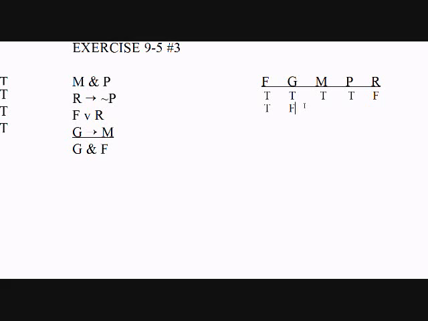M, we've been told, is true. P, we've been told, is true. And R, we've been told, is false. So we can delete this line. Let me just strike it out, since that first line does not represent a scenario where all of the premises are true and the conclusion is false.